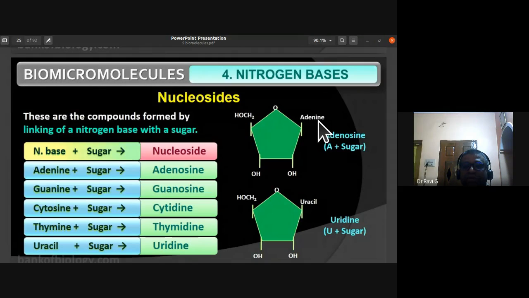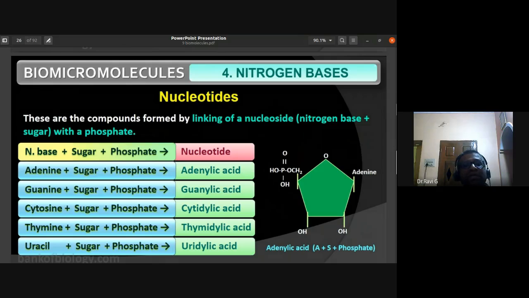So here you have adenosine, and here it is uridine. Uracil is attached to the sugar. So the nitrogenous base attached to the sugar, we call it a nucleoside. Adenosine, guanosine, cytidine, thymidine, and uridine are all examples of nucleosides.